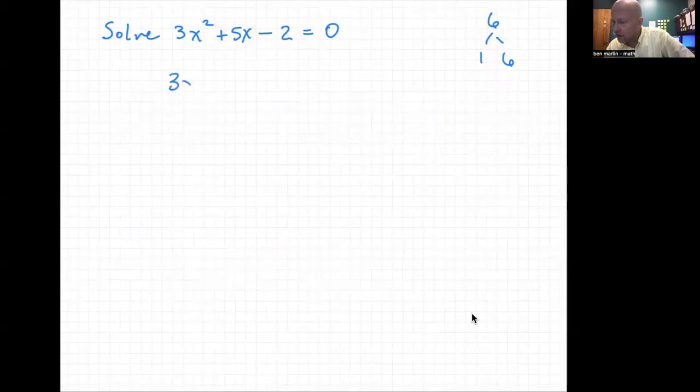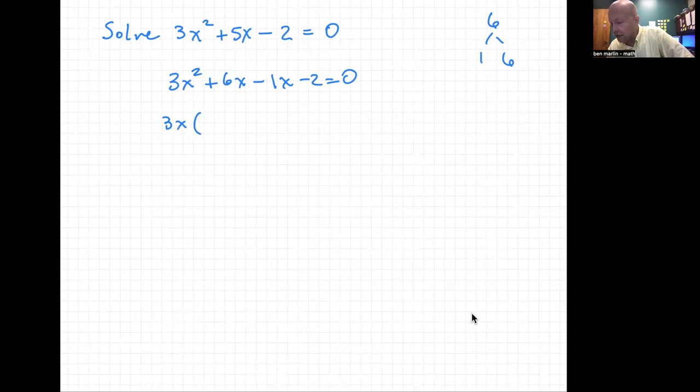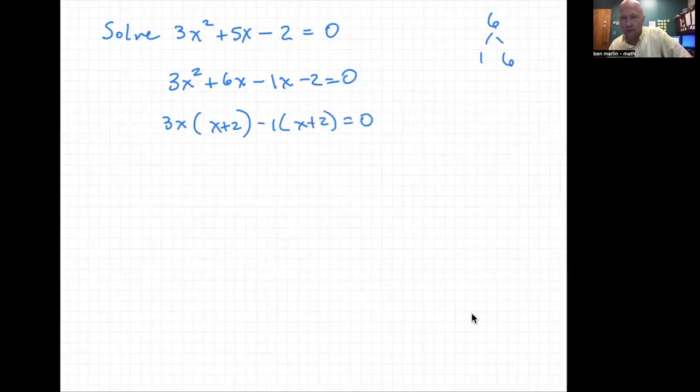So this will become 3x squared plus 6x minus 1x minus 2 equals 0. Factor a 3x out of the first pair, and you'll have an x plus 2 here. On the second pair, factor out a minus 1, and you have an x plus 2.